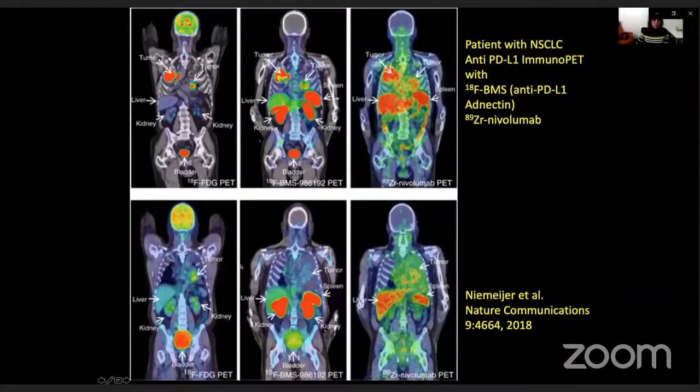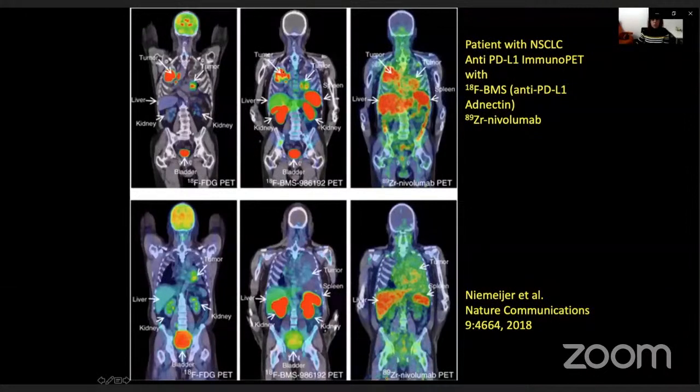On the left, these are two different patients. The upper row shows one patient with a big lung tumor in the right lung, and some metastases in the left lung and also in the right lung. This is the FDG imaging showing the tumor viability in all these viable tumor parts.